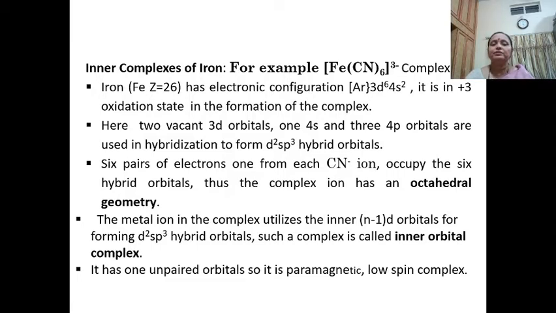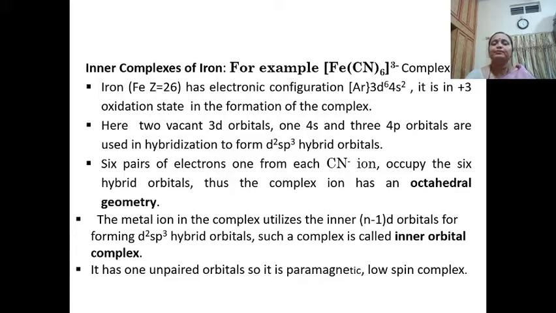With iron atomic number 26, the electronic configuration would be argon 3d6 4s2, and in its +3 oxidation state, here it uses 2 vacant 3d orbitals, 1 4s and 3 4p orbitals are used in the hybridization, and it forms d2sp3 hybrid orbitals. As the hybrid orbitals are formed, they are going to be directed in the octahedral geometry.